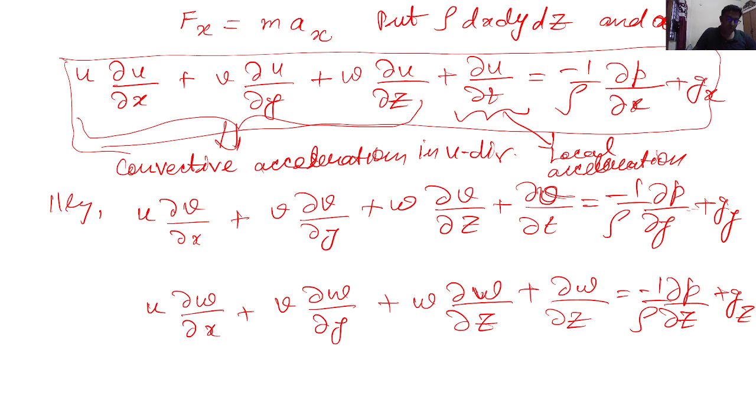So overall this left hand side would be nothing but the acceleration part of the Euler's equation, and the right hand side would be equal to the force related part of the Euler's equation.